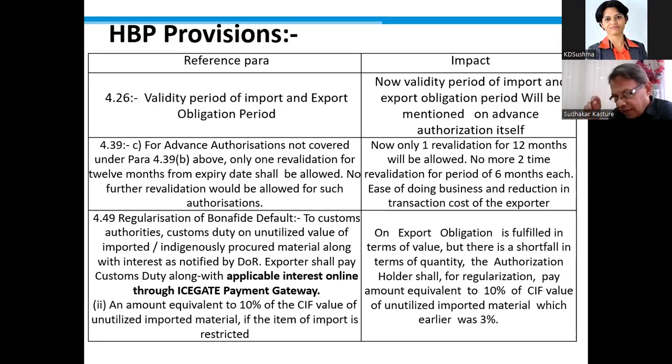So the cost of payment is sufficiently increased from 3% to 10%. This is for those items which are otherwise subject to restrictions. And this is one provision that is created. If you are falling under this particular category, then only will you have to pay this money.